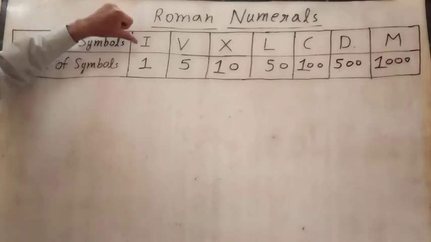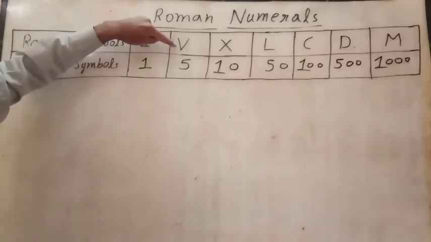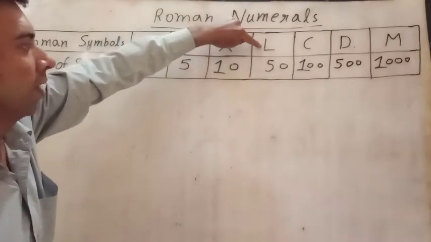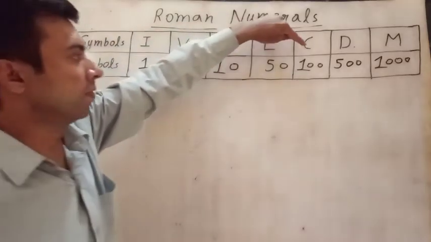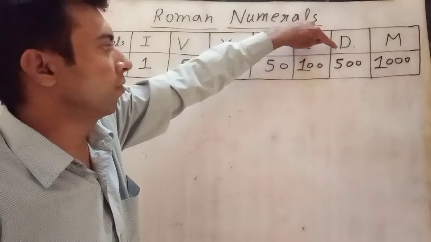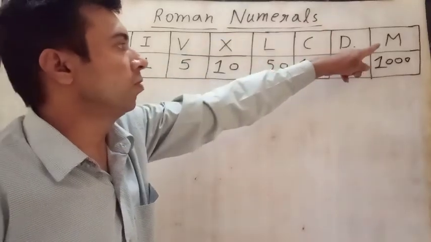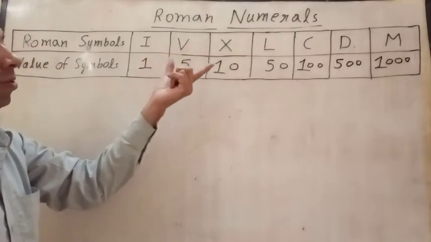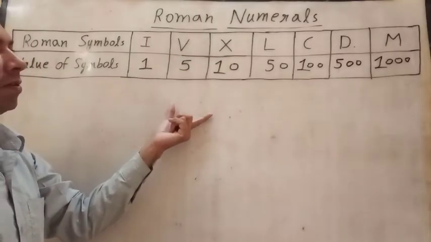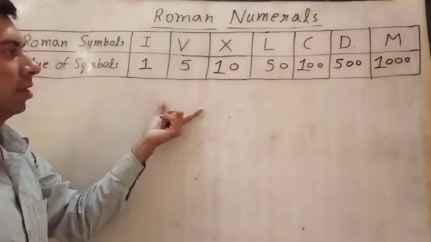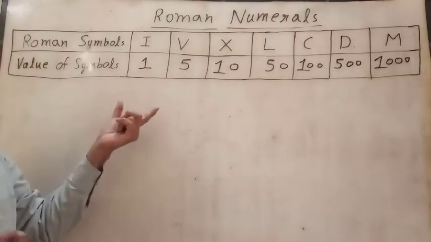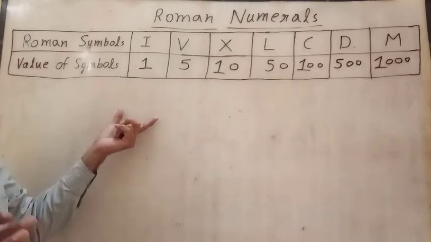So only using these symbols the Romans make all the numbers. Now, there is no symbol for 0. You have to remember it.